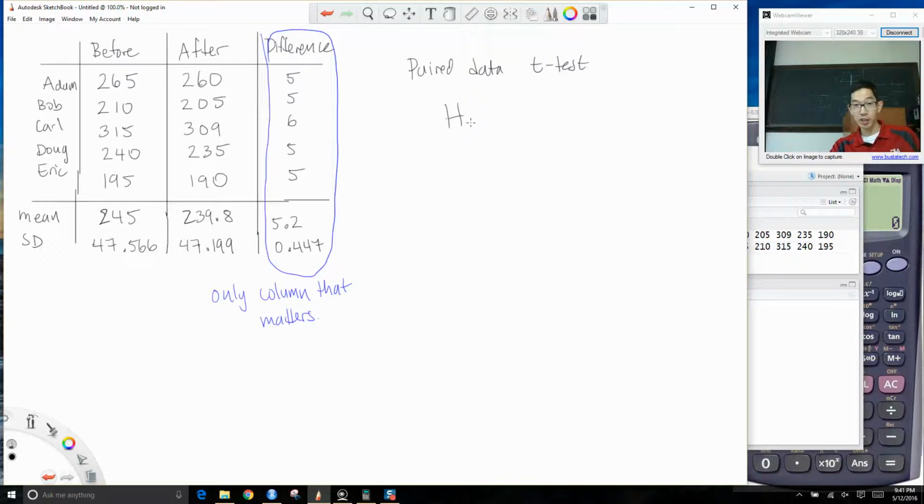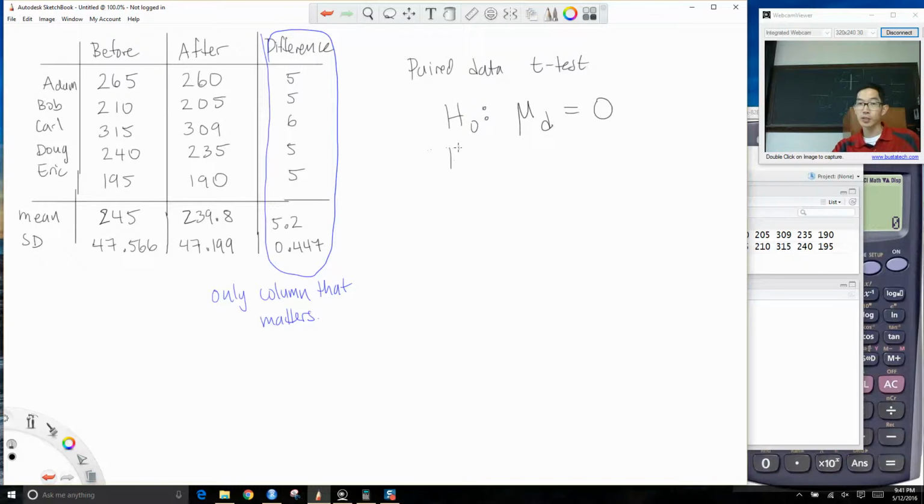Your null hypothesis is no longer mu1 minus mu2, because we don't care about population 1 and population 2. In fact, it's just the mean difference, the mean of the difference column. Is the mean of the difference column equal to 0? That's going to be the null hypothesis. So this is different.